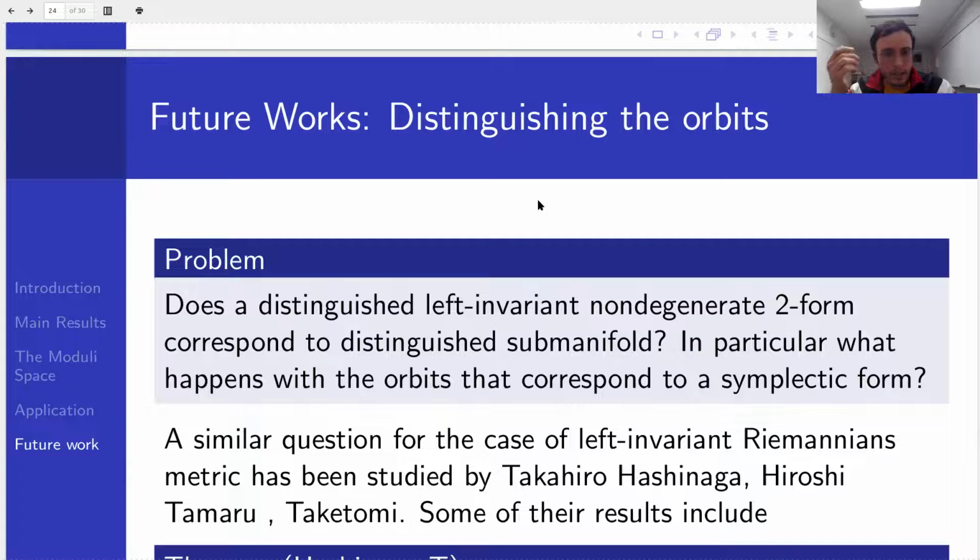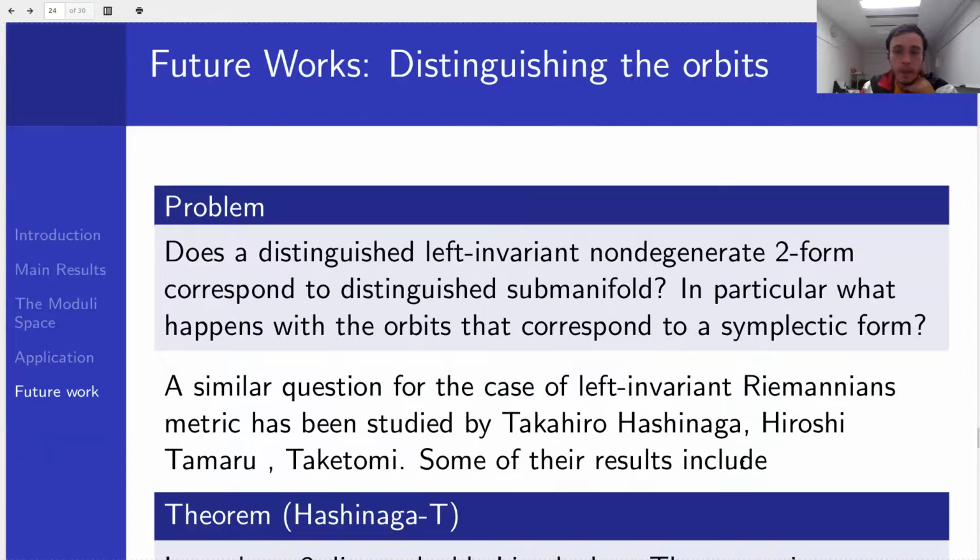So I have the moduli space, and those are distinguished orbits. A distinguished left-invariant non-degenerate 2-form corresponds to a distinguished submanifold. So in particular, what happens to the orbits that correspond to symplectic forms? Is there something in the geometry of the orbit space that can help me to search for symplectic forms?